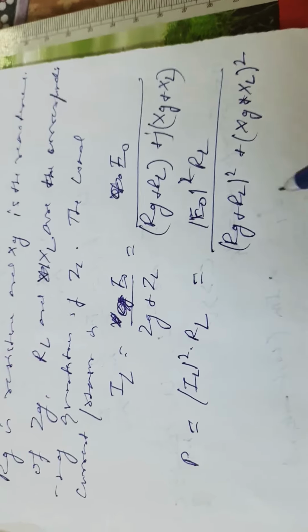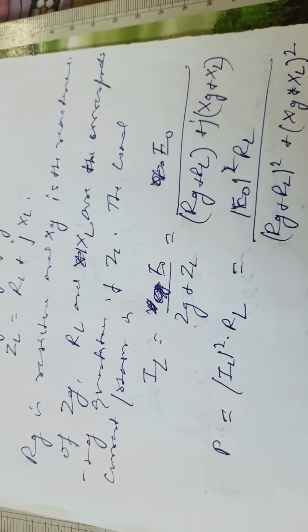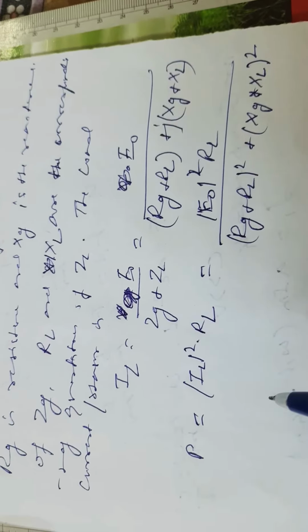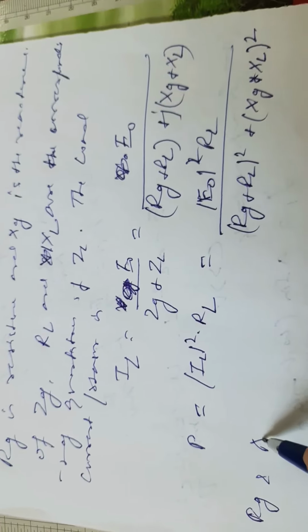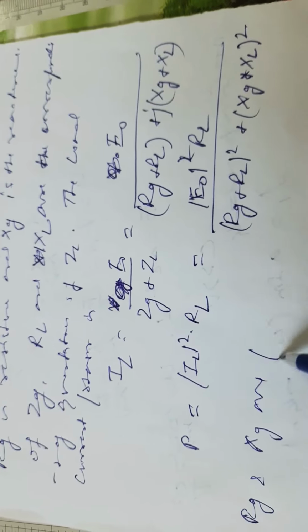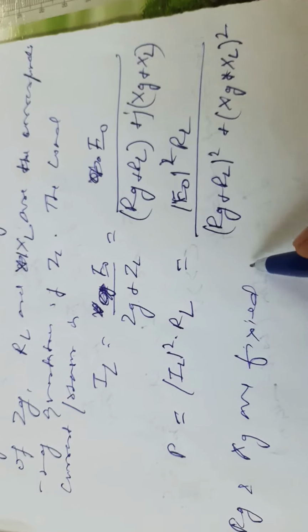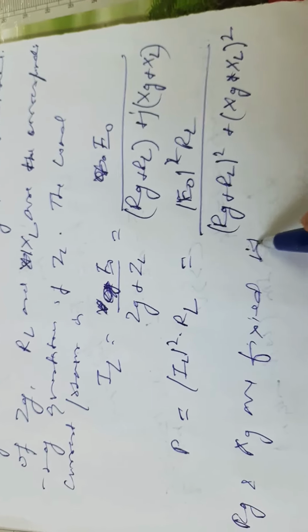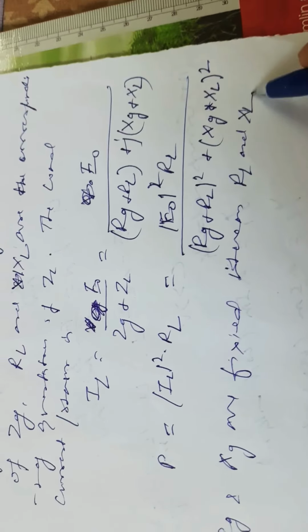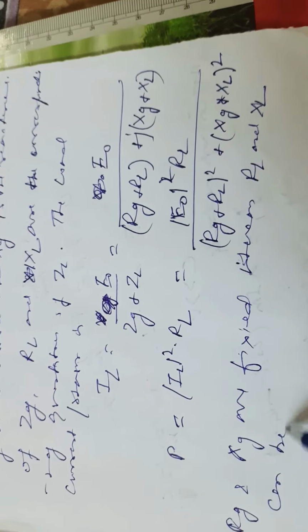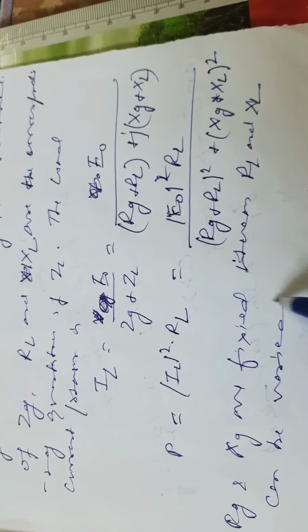So this is the power delivered to the load. Now what we need to know is that Rg and Xg are fixed, whereas RL and XL can be varied.